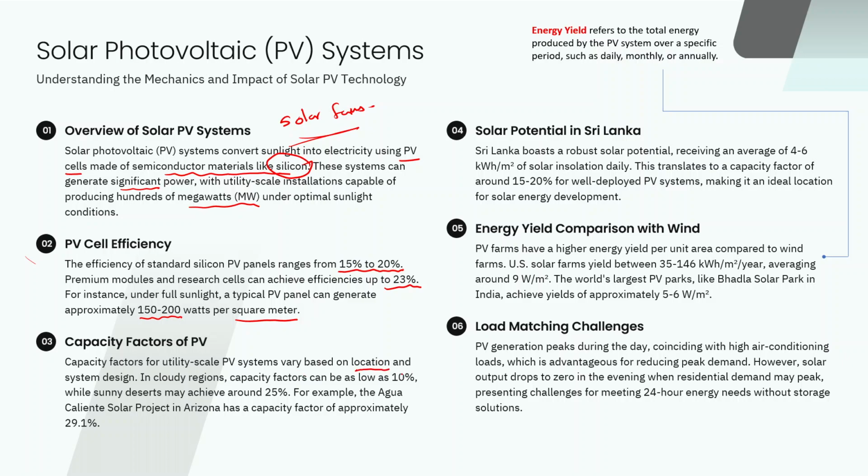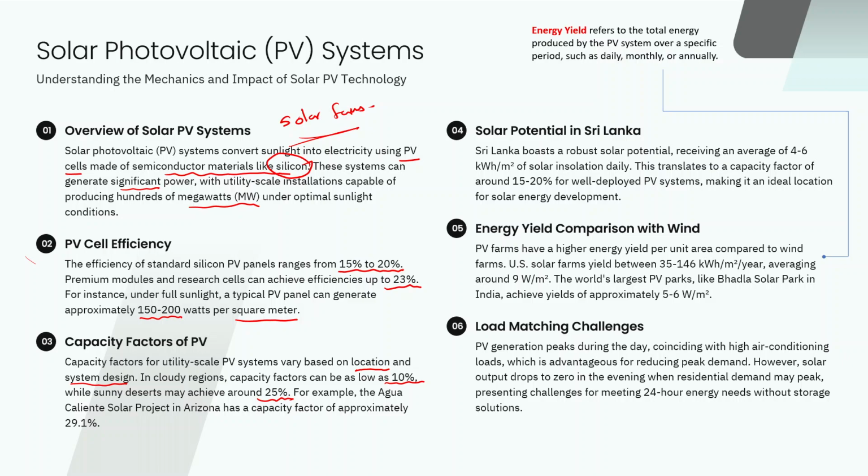How much solar energy you have, and also based on the system design. Okay. In cloudy regions, the capacity factor can be as low as 10%, while in sunny deserts like Africa and parts of India and so on, they may achieve around 25% capacity factor, right?